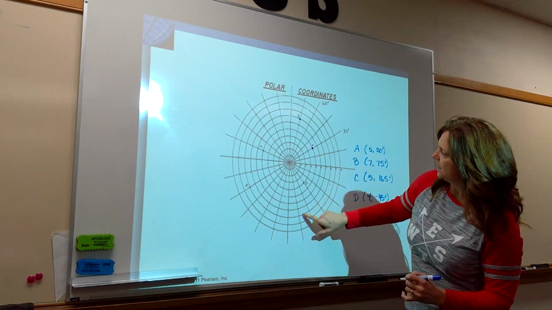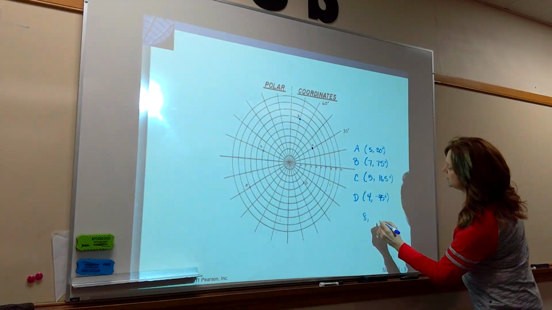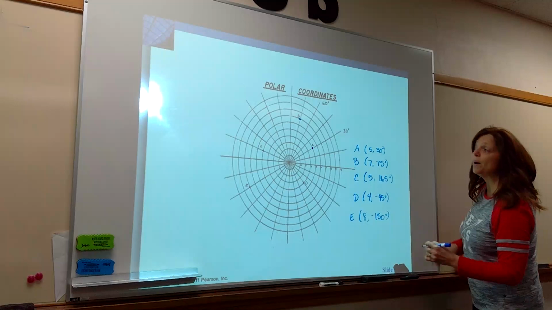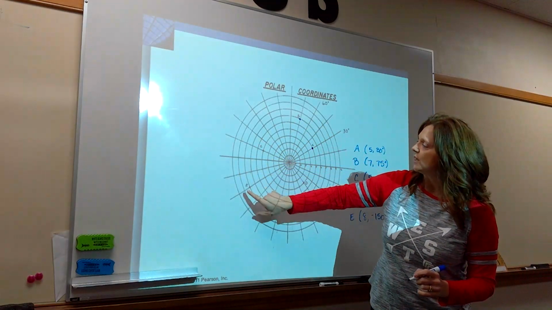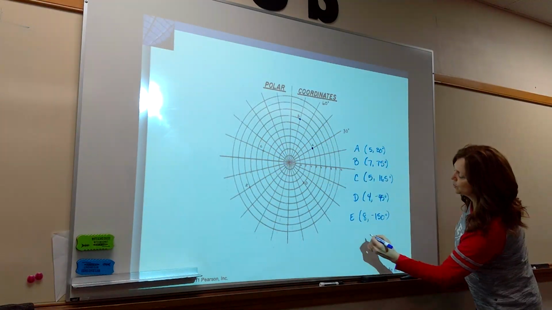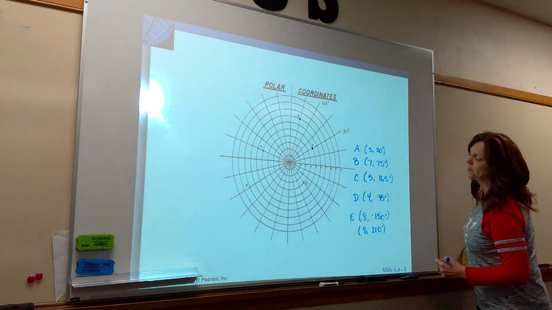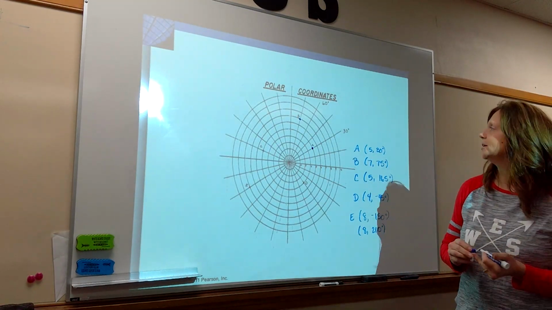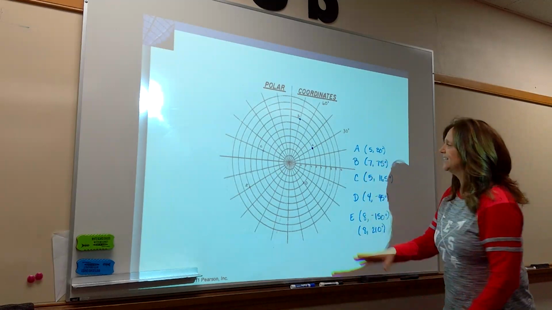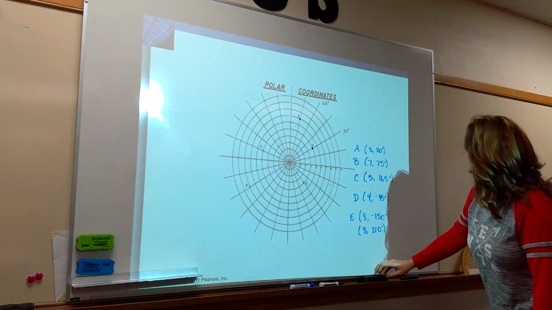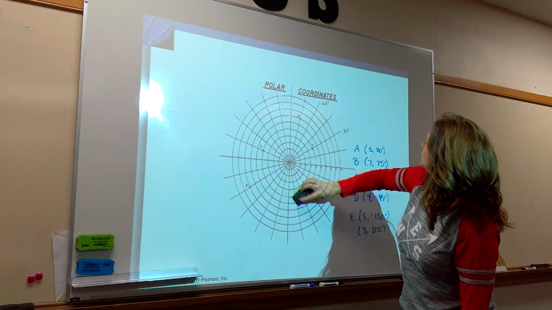And then it looks like 150 degrees negative. Certainly you could give the positive rotation as well, so that would be 210. So it could be 8, 210. And so there's more than one way to give those locations. But again, it's just out and around, or out and negative rotation for polar coordinates.